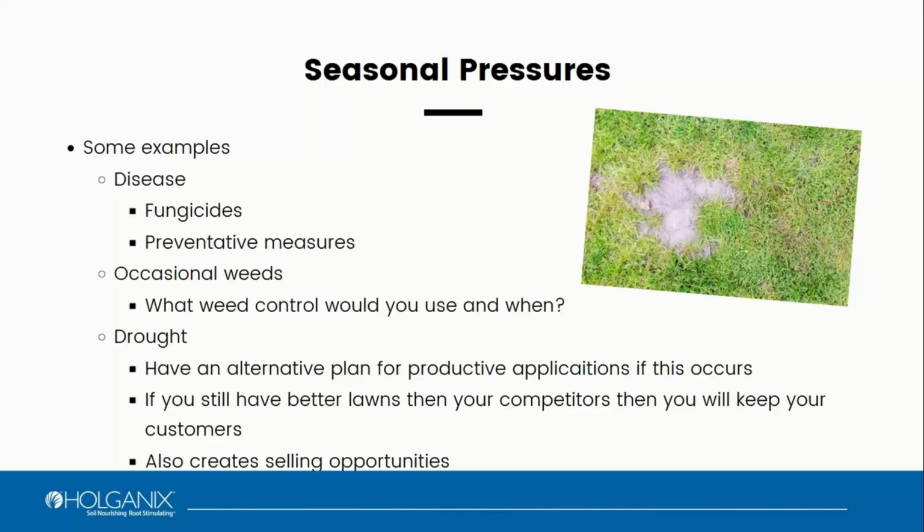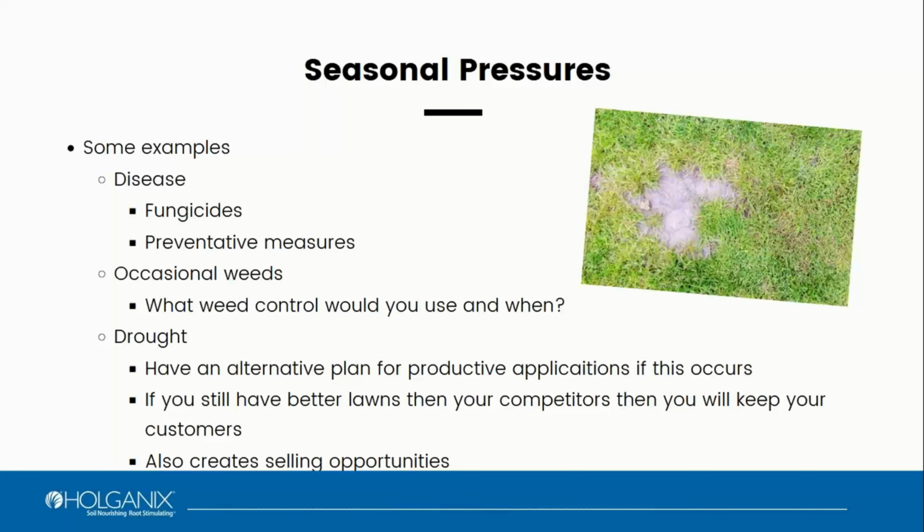I was one of those guys at one point. And I think having that knowledge increases your productivity. It decreases your cancels. You're going to have happier customers. It decreases your callbacks. So again, just being proactive, building up your root system and having a deep root system, I think is part of that IPM.